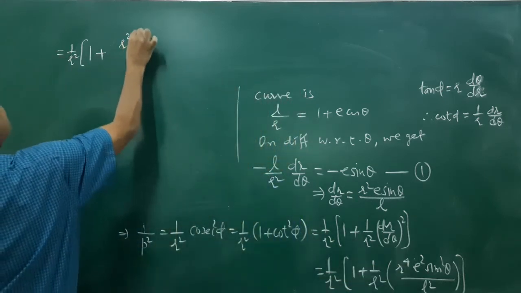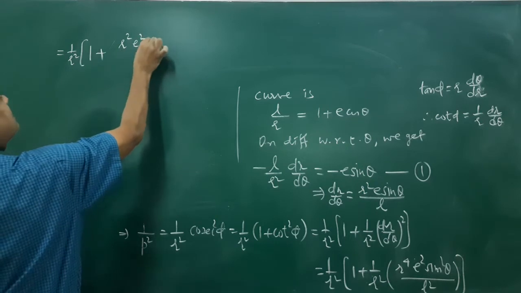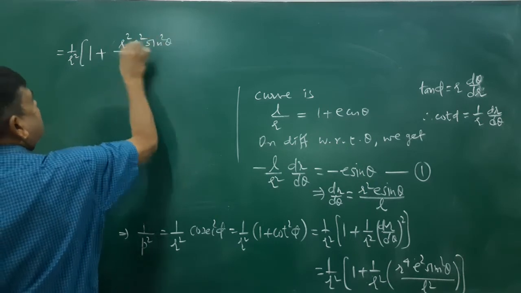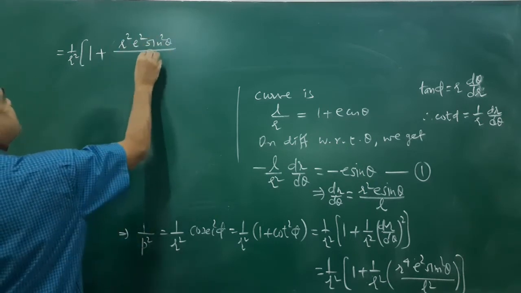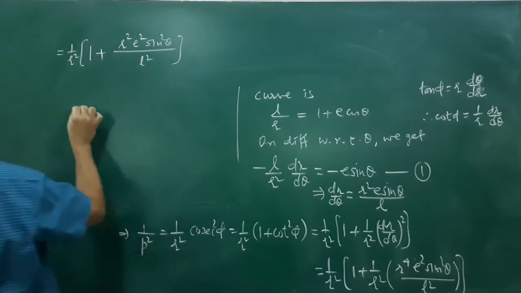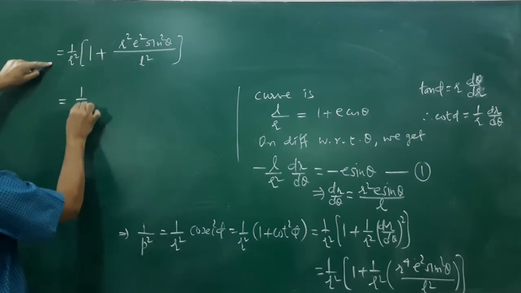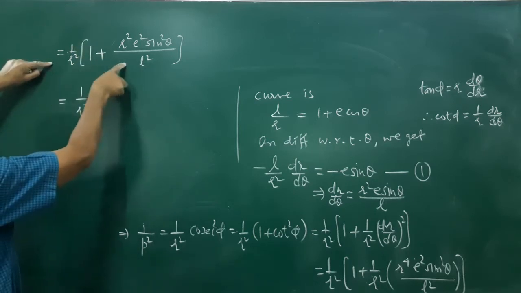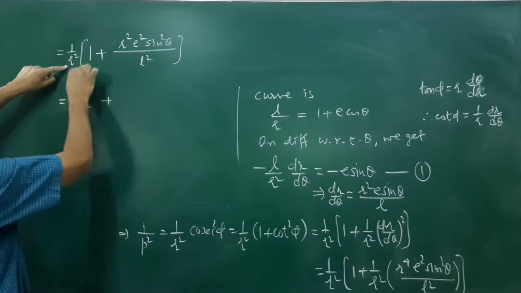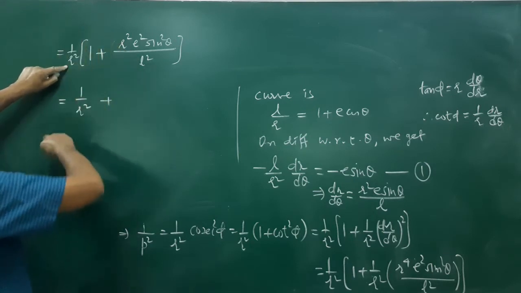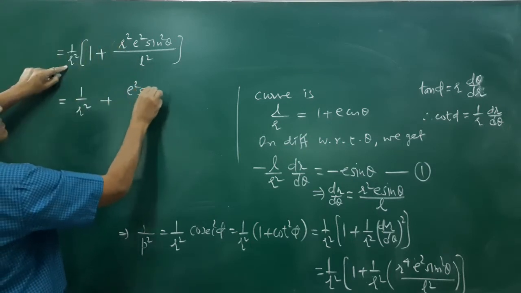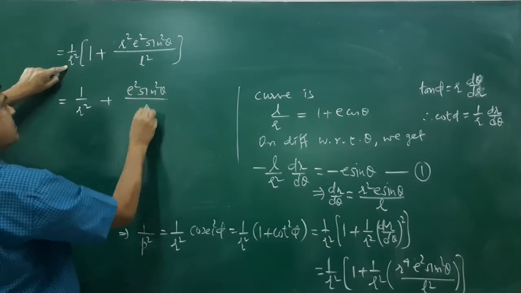This is r square e square sin square theta upon L square. I multiply 1 upon r square inside so that this r square finishes from here. This is e square sin square theta upon L square.